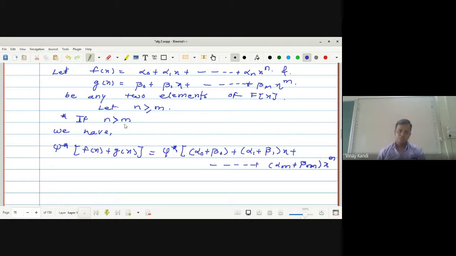Here m is less than n. Up to here this comes, and after that there are more terms. Which terms? Alpha m plus 1 x raised to m plus 1, up to so on alpha n x raised to n.